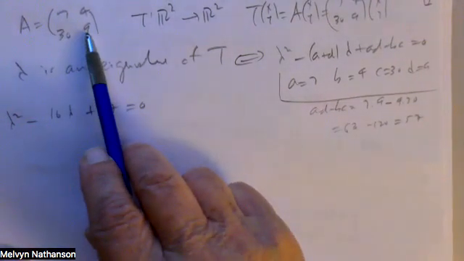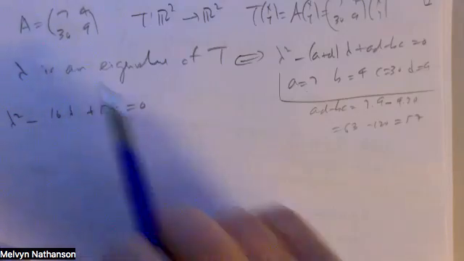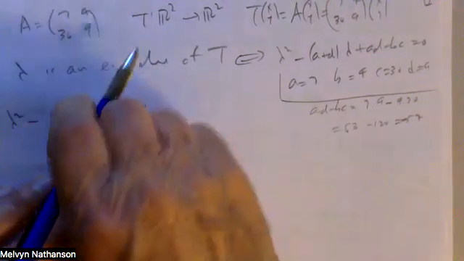And ad minus bc, oh, minus there. That's good. Minus 57 equals 0.